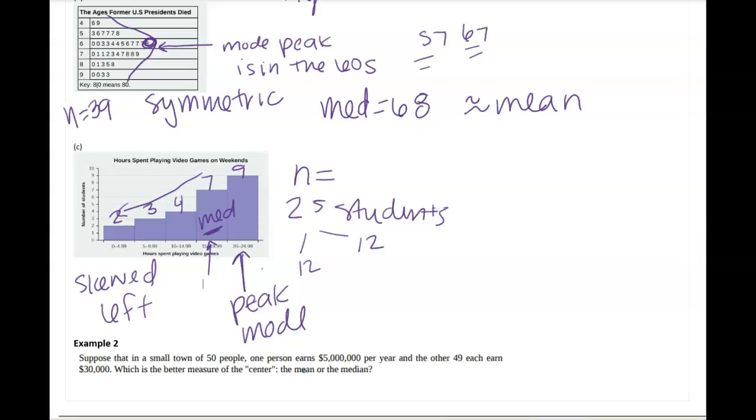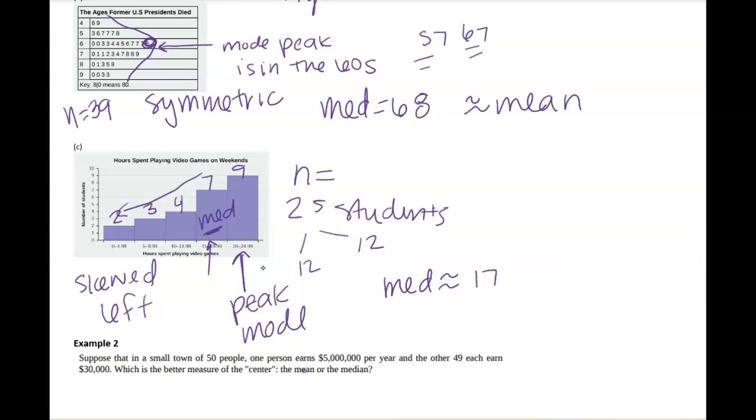I don't really know what that is, so I might just approximate it halfway. I might say the median is approximately halfway between 15 and 20, so 17.5. And then since it's skewed left, I know the mean is less than the median.